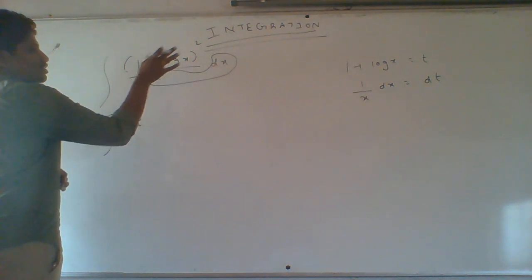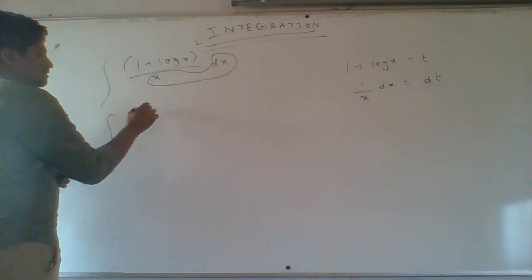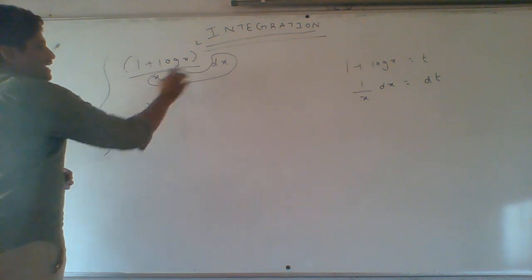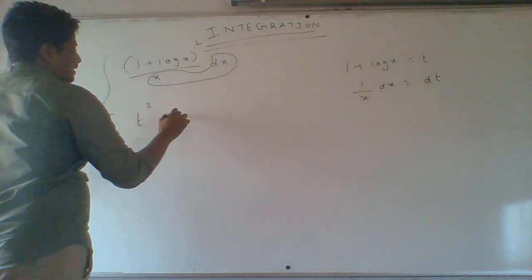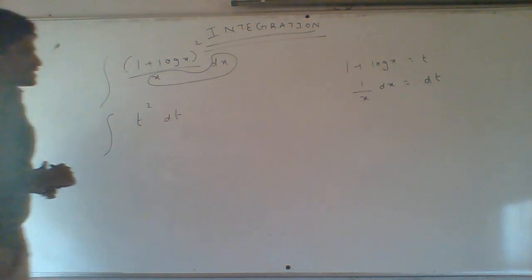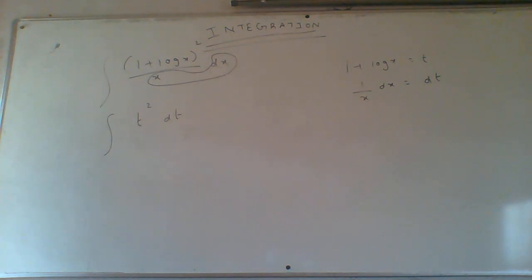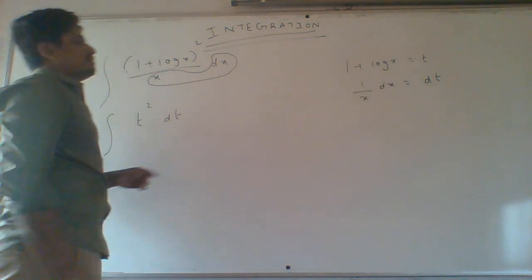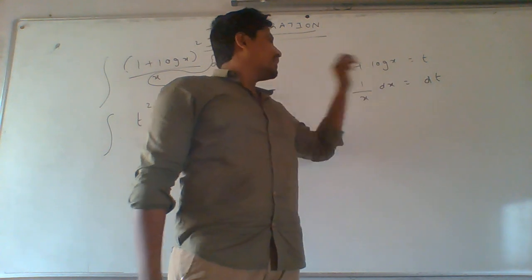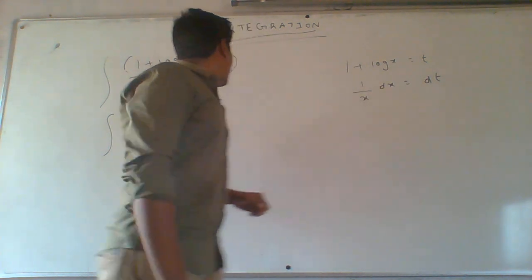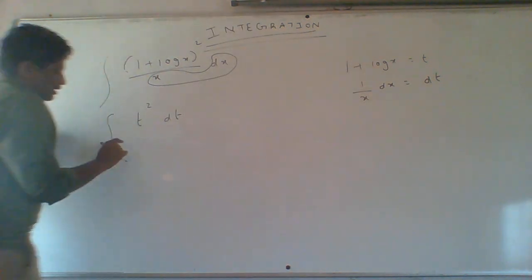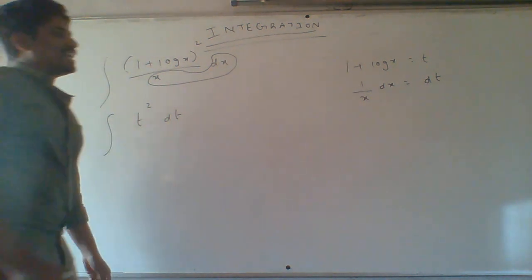In the place of 1 plus log x, we put t square into dx by x, which is dt. In the place of 1 plus log x, we substituted t. In the place of dx by x, we substituted dt. Okay. Now it is of the form integral x power n.